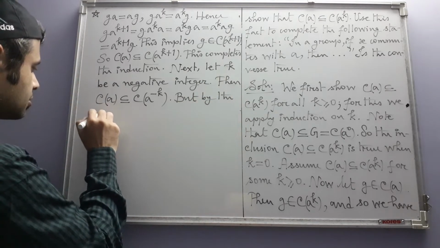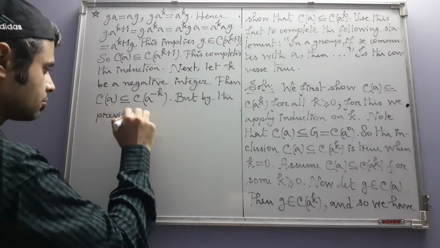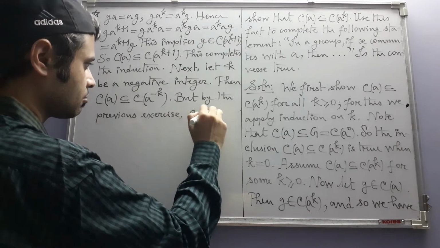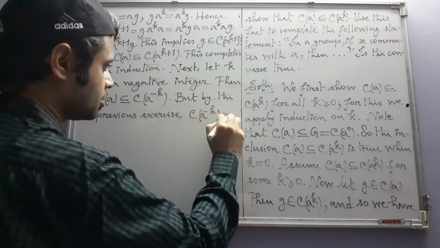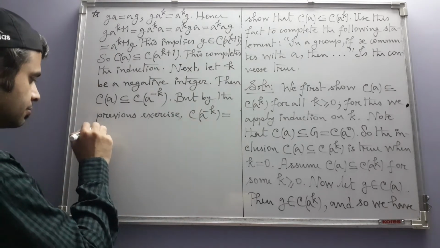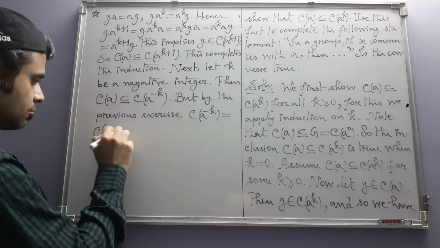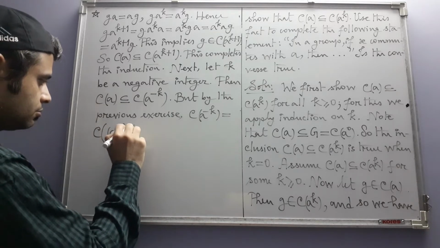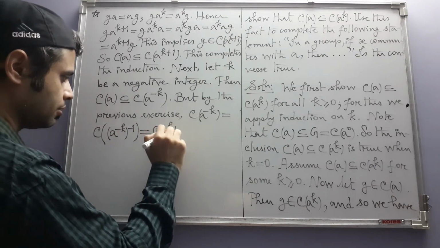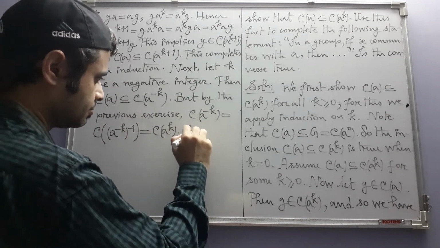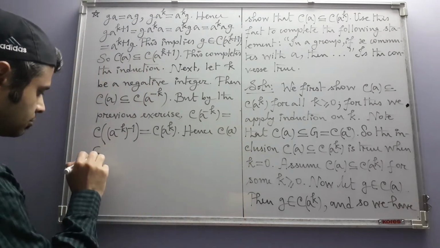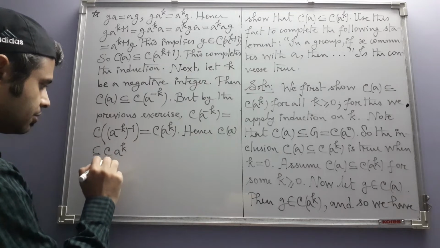But by the previous exercise, this is the same as the centralizer of the inverse of A to the power minus k, that is this. Which is nothing but C of A to the power k. Hence, CA is contained in C of A to the power k.